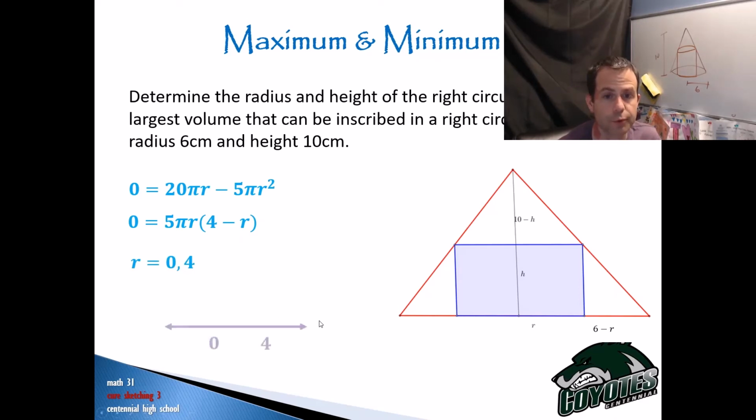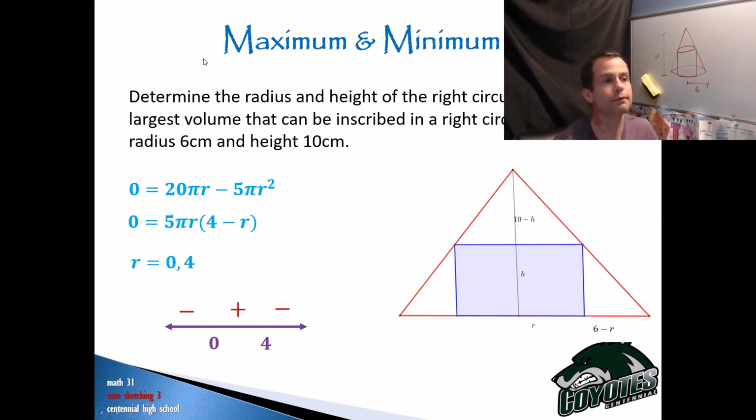So now what I'm going to do is plot that on the number line. I'm going to check out things to the left of 0, things in between 0 and 4, and things to the right of 4. And I'm expecting that you're doing that and that you're pausing me. That's going to give me negative, positive, negative. Now, it said, what is the largest volume?